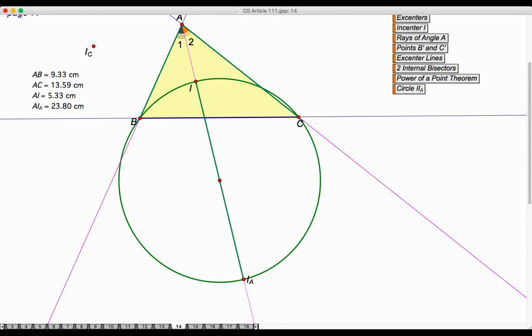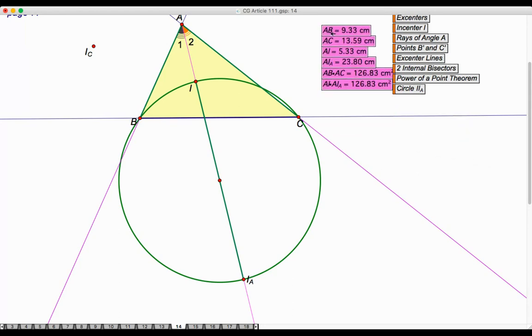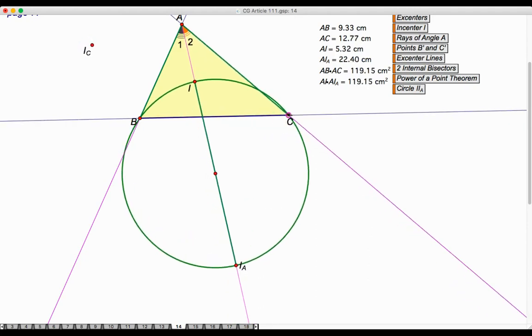And let us find the corresponding products. AB times AC, that's equal to 126.83, and then AI times I sub A. Oh, indeed, they are equal to each other. Very cute indeed. Okay, and as I drag one of the vertices, it's always the same thing.